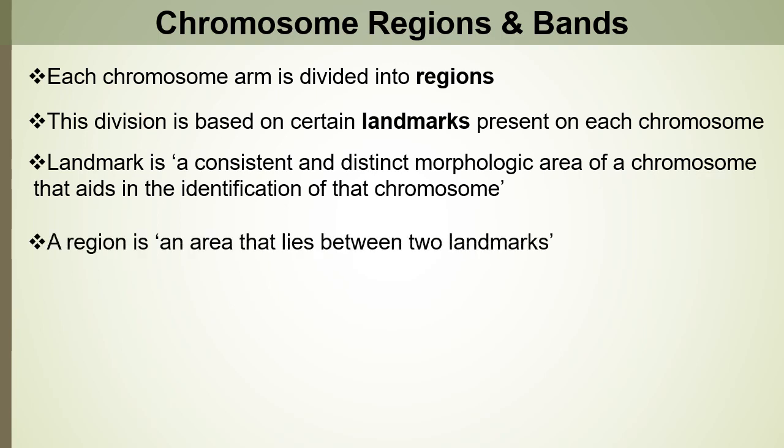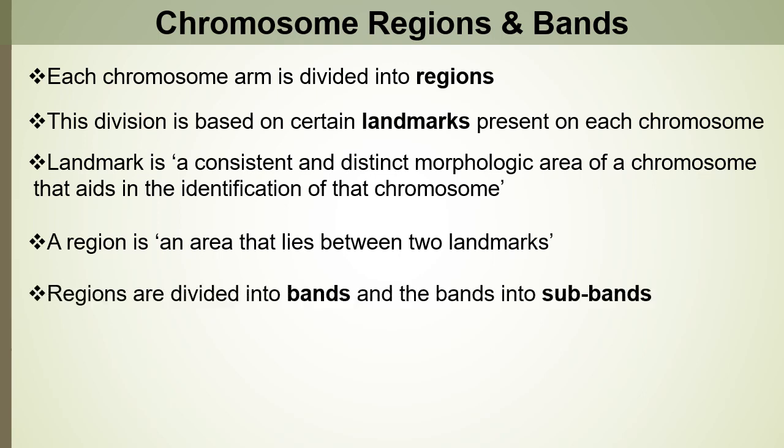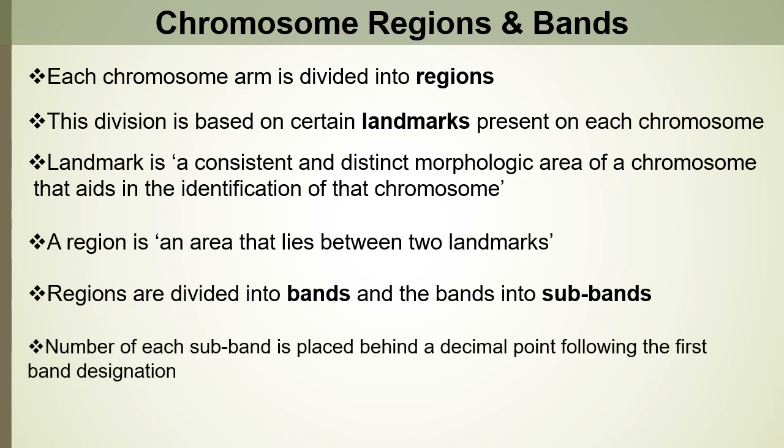A region is an area that lies between two landmarks. Regions are divided into bands and the bands are divided into subbands. The number of each subband is placed behind a decimal point following the first band designation.